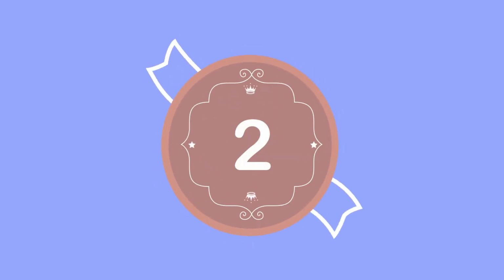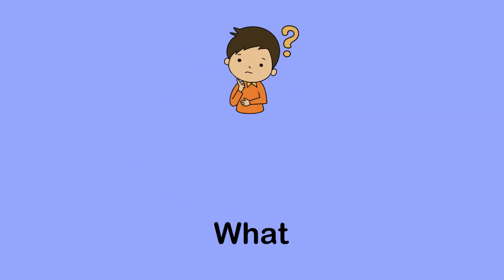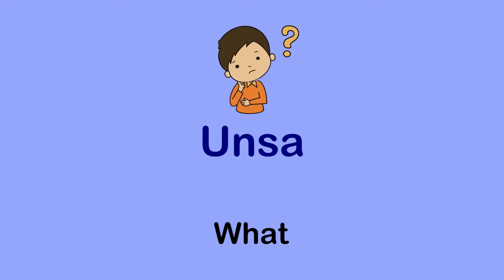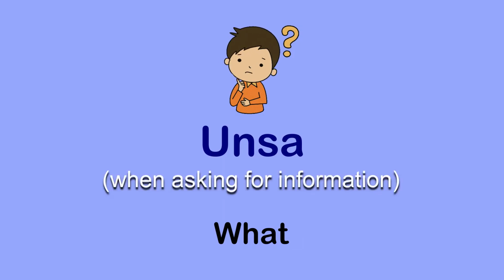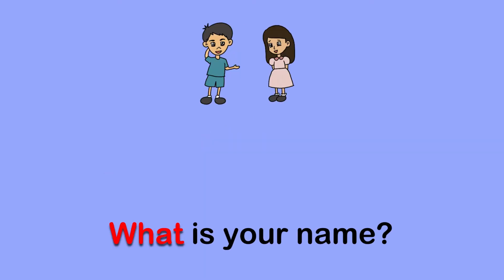The next question word is what. Unsa. What is unsa? We usually use unsa when asking for information about things and actions. An example question using what is your name?